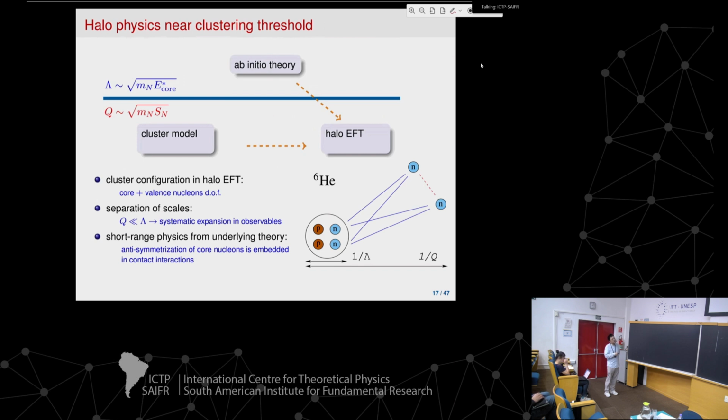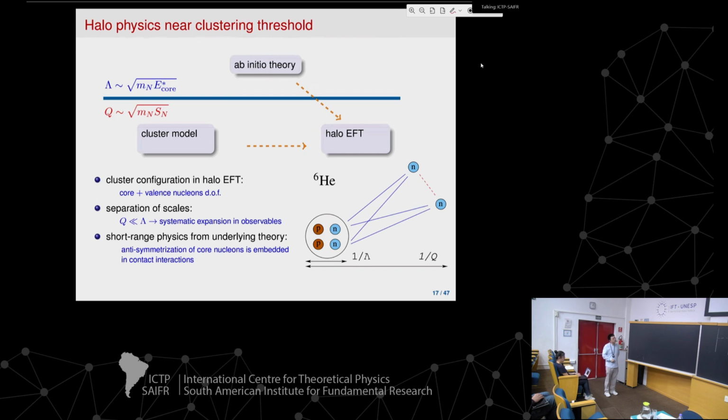For example, one example is the antisymmetrization of the core nucleons and the valence nucleons. In a cluster picture, you only have these two valence nucleons and the inner core, which means the core is a single particle. But in the ab initio picture, the core will have protons and neutrons. So if we do antisymmetrization, you also need to exchange the valence neutrons and the core neutrons, right?